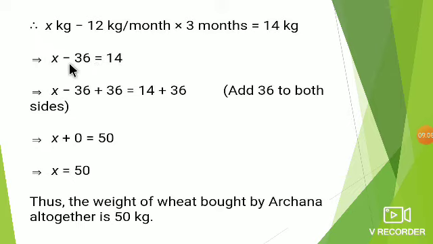Use the equating method here. x minus 36 plus 36 is equal to 14 plus 36. x plus 0 is equal to 50. x is equal to 50. Thus, the weight of the wheat bought by Archana altogether is 50 kilograms. Understood it?